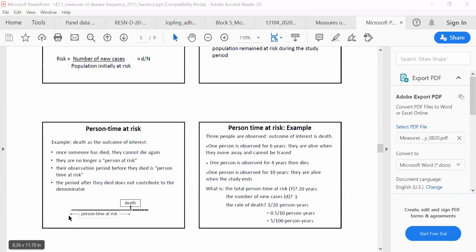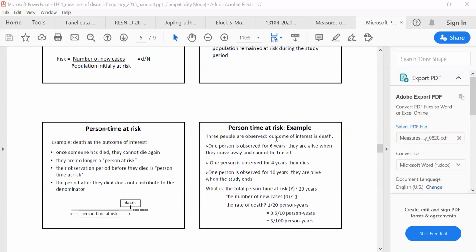It means now we are following our person, let's say from here to here, that's a year. So this follow-up time up to where they die is the person time at risk. As soon as they die, we are no longer following up because we already have our outcome of interest. So let's have an example.